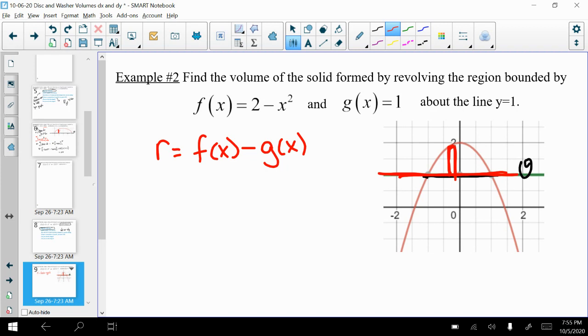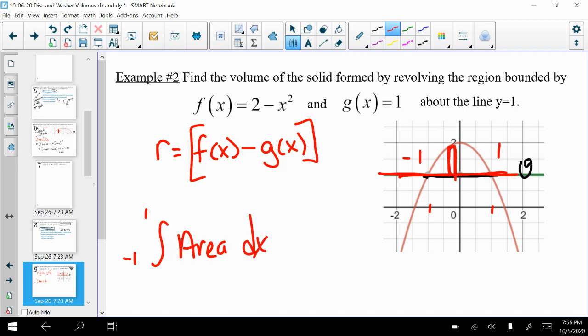And like I was saying, this is where it starts to get intense. What is my radius? And what part do I need to square? So same thing. Let's see. These intersect, it looks like, when y is 1, which is probably when x is also -1 and 1 based on the graph, right? Okay, so I'm integrating from -1 to 1 of my area times my dx, area of a little disk.